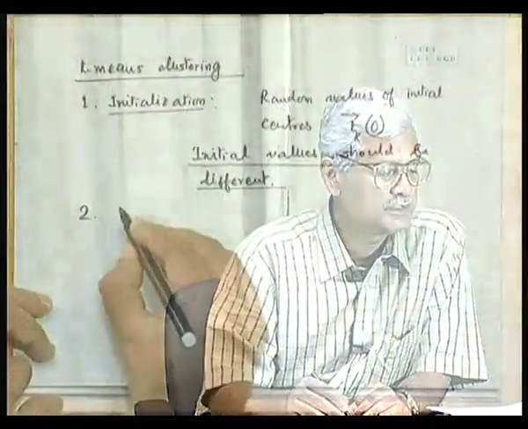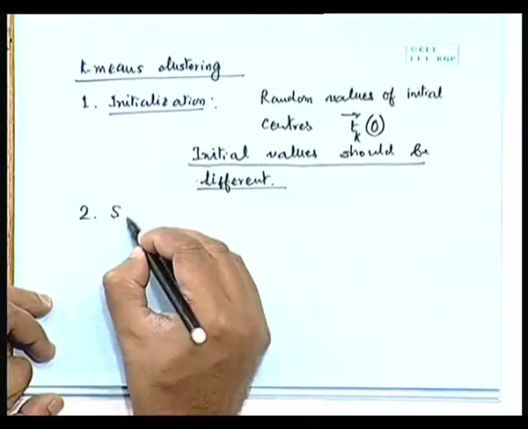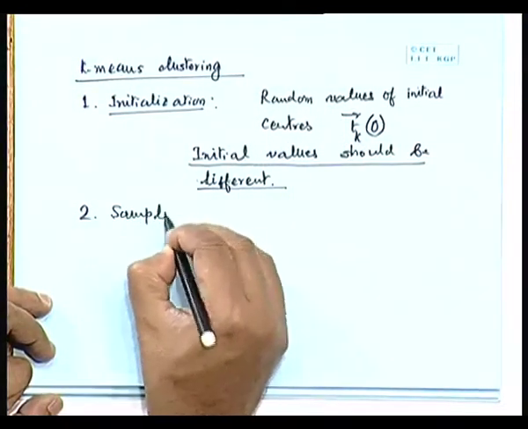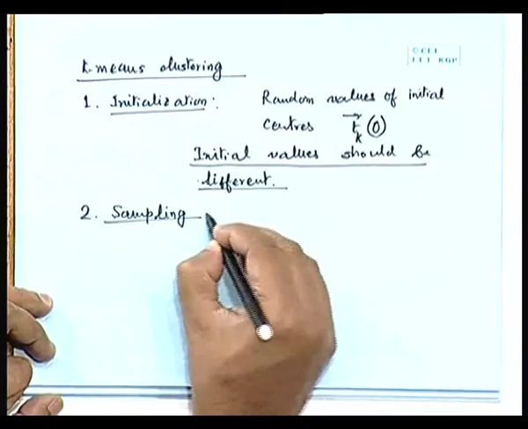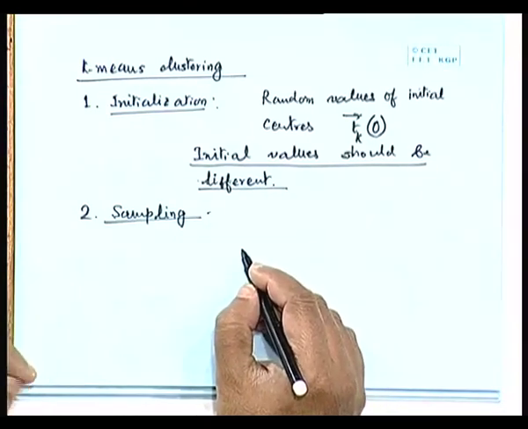The second step involved in the k-means clustering is a process of sampling, and sampling means to draw a sample vector from the input space.